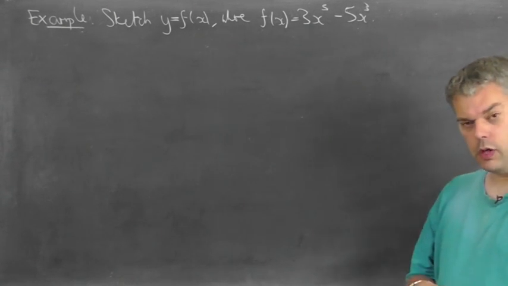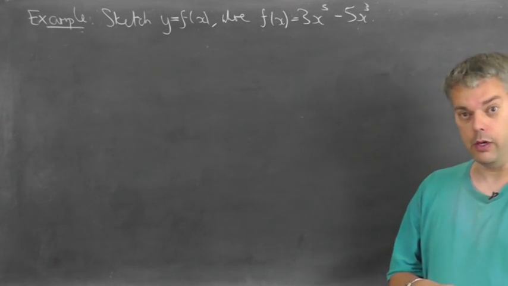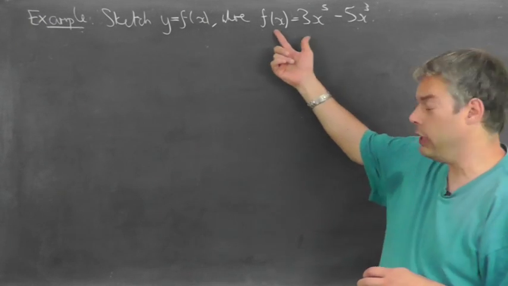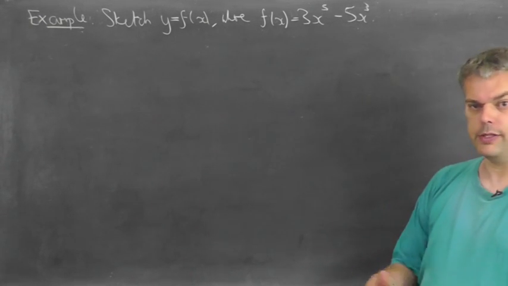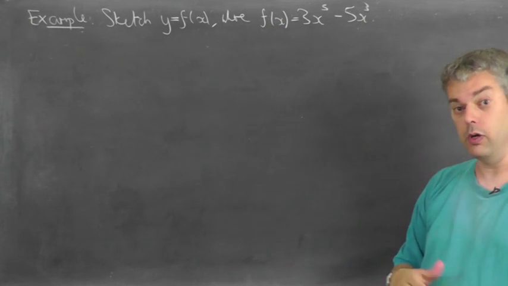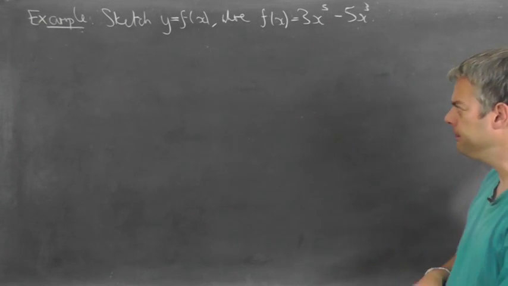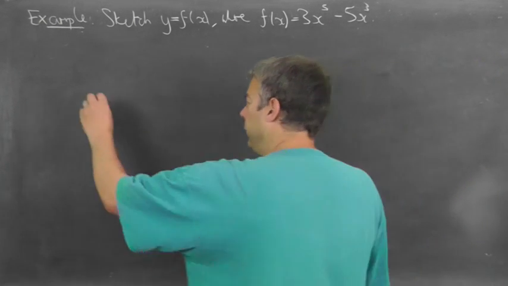So, first of all, are there any values of x where it's not defined? Well, no. If I give you any x, you can work out what f of x is going to be. So if x is 5, you can plug in x equals 5 and get a value out. And it's not like 1 over x, where when you plug in 0, something funny happens. So, firstly, it's defined everywhere.